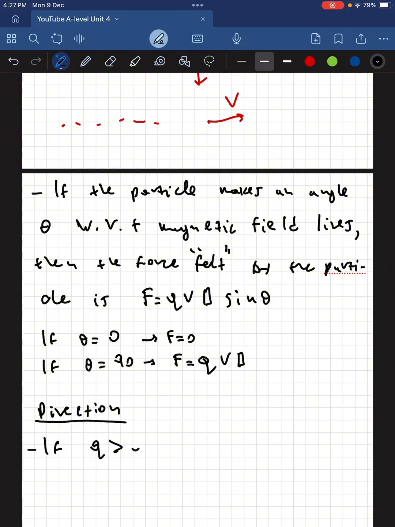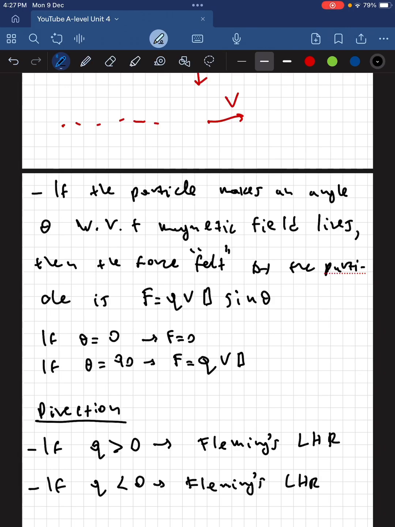If the charge is positive, then we apply Fleming's left hand rule, like we do with currents. But if the charge is negative, we again use Fleming's left hand rule, but flip our thumb.